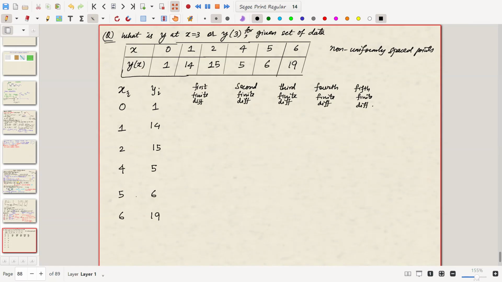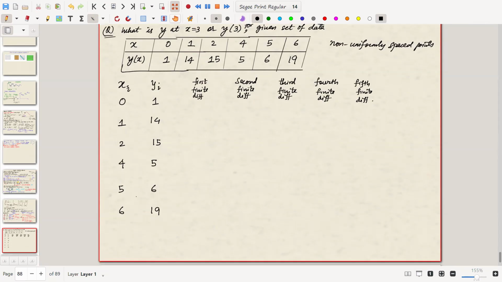If you consider this way, what is the first finite difference? How do you do it? See this carefully, I will explain it once. Everyone carefully see this. Everywhere you will have this box. In between these two numbers, you will have a finite difference, first order.